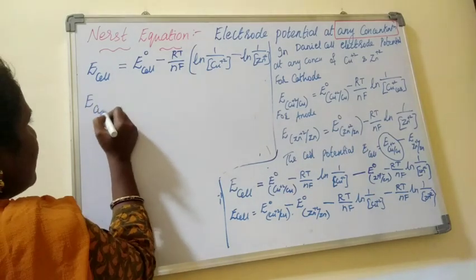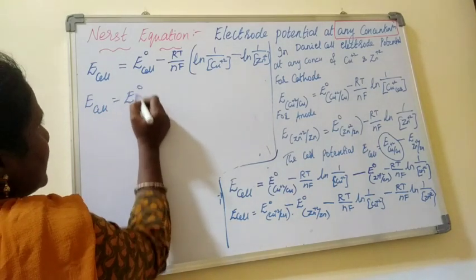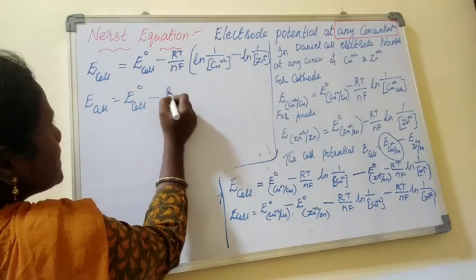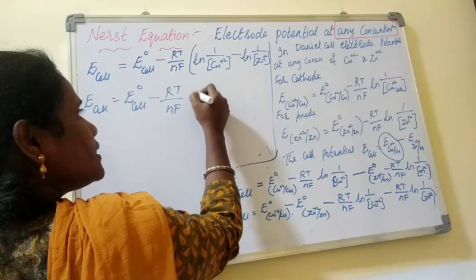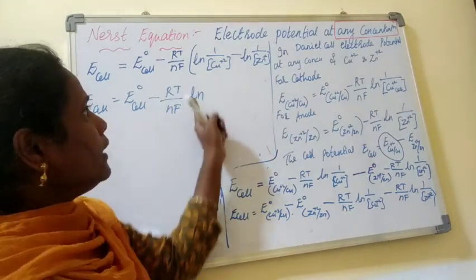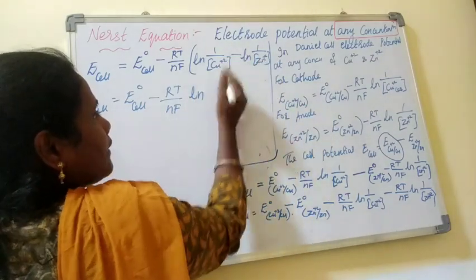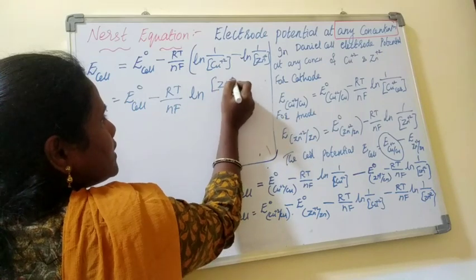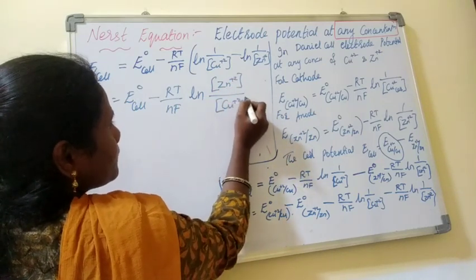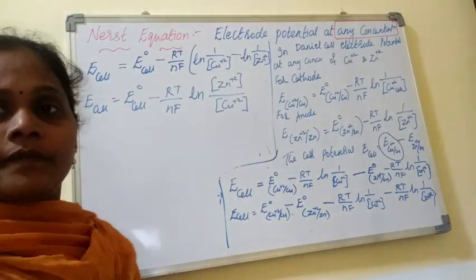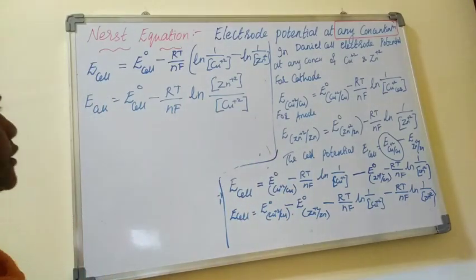Then E cell is equal to E naught cell minus RT by NF. Here, I think you are mathematics students, it is easy for you. ln zinc plus 2 ions divided by copper plus 2 ions, right? So this is my Nernst equation.